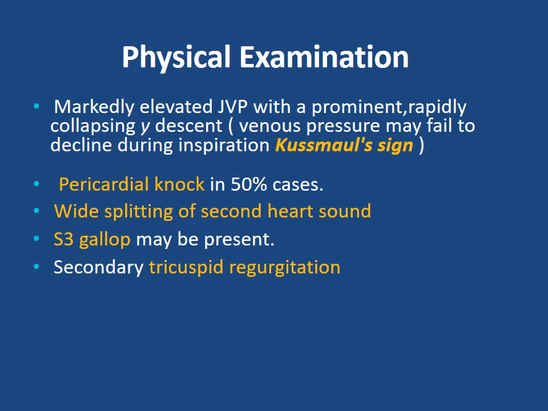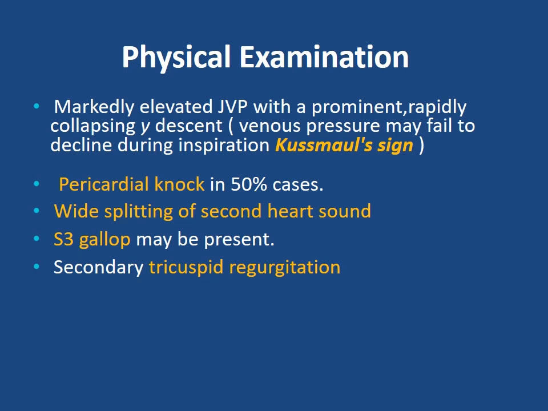Markedly elevated JVP with a prominent, rapidly collapsing wide descent. Normally, during inspiration there is negative intrathoracic pressure and the venous pressure falls. In this case, venous pressure may fail to decline during inspiration. It is called Kussmaul sign.